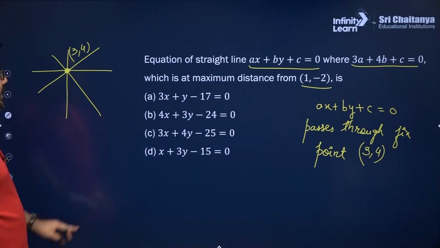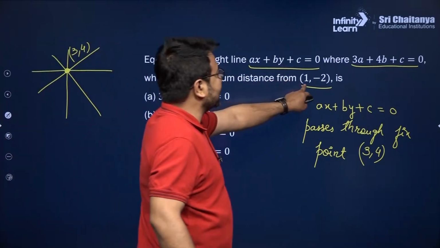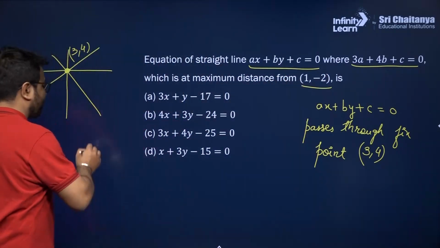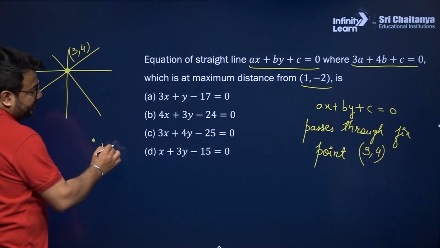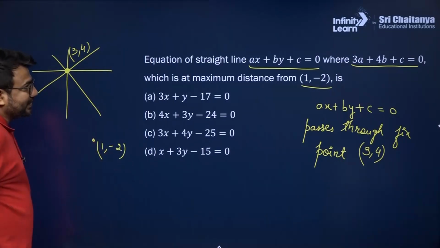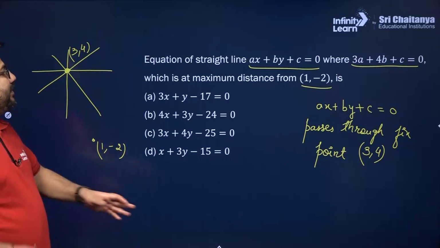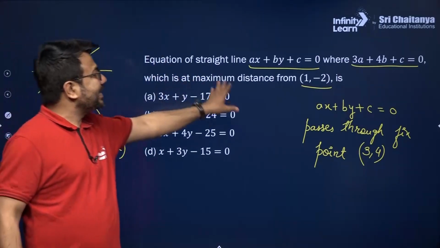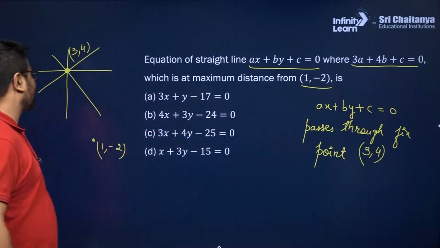Alright. Now there is also one more point given to us, that is (1, -2). Suppose (1, -2) is given here. Now I want to get the equation of a straight line which is at a maximum distance from (1, -2).